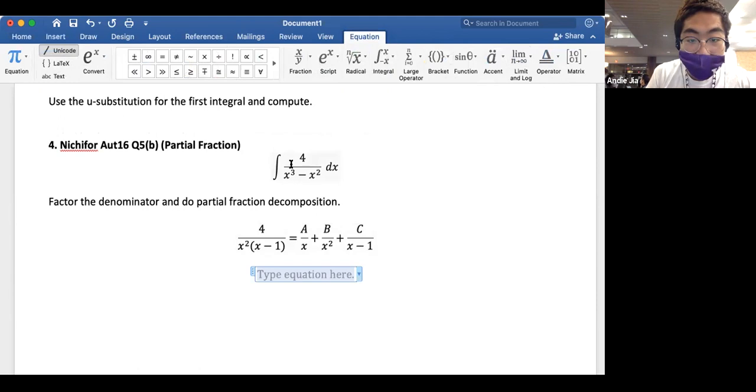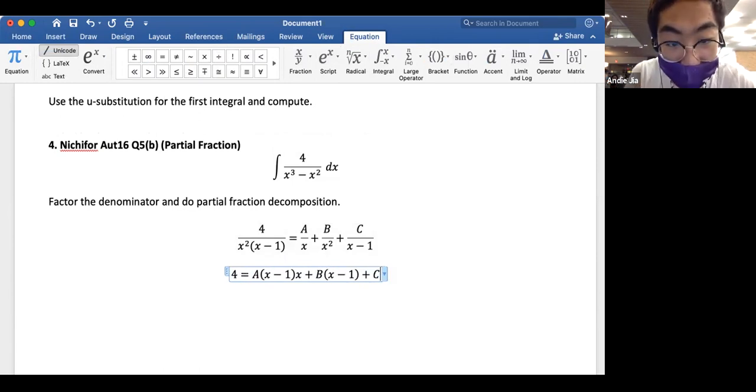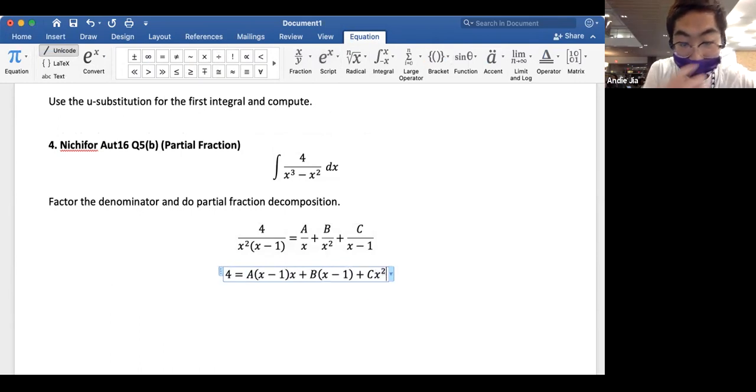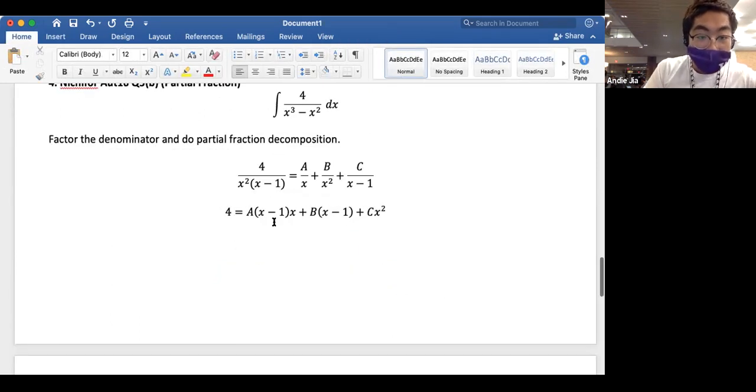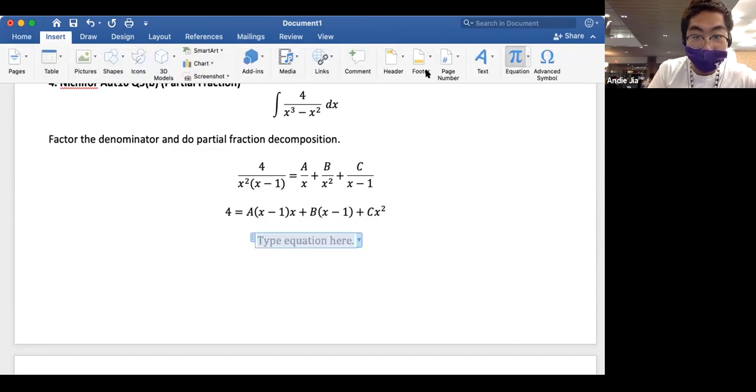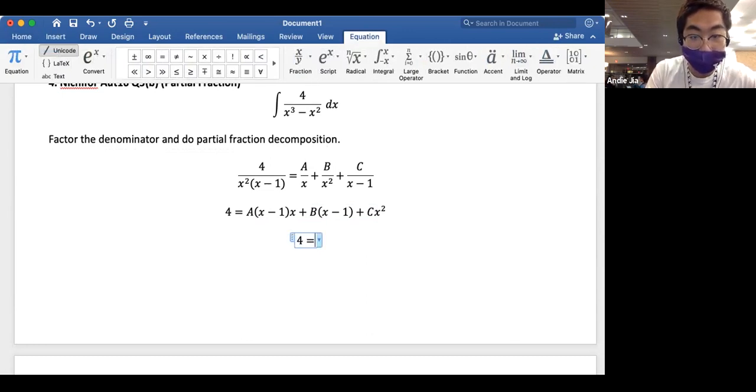So 4 equals a times x minus 1 times x, plus b times x minus 1, plus c x squared. Then you're going to have 4 equals a x squared minus a x plus b x minus b plus c x squared.